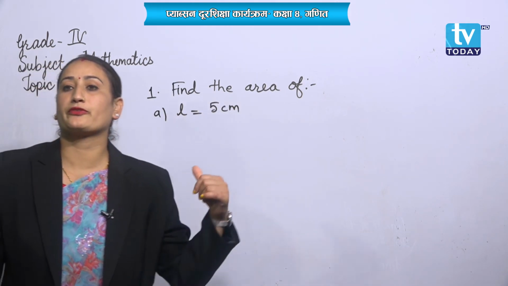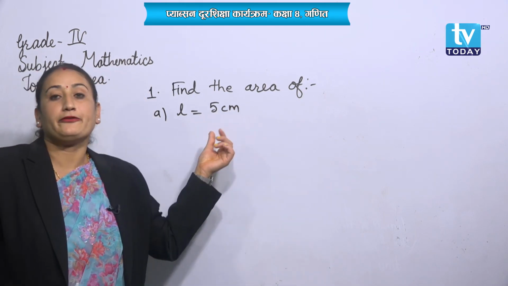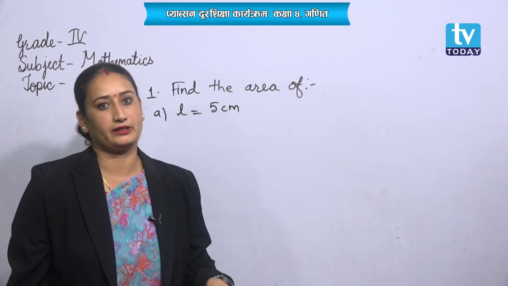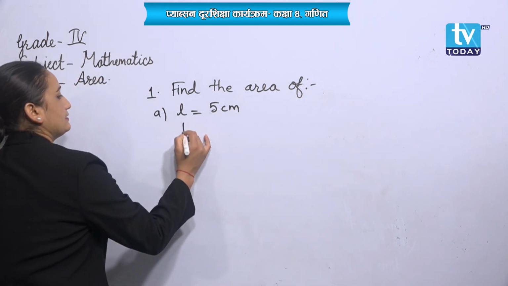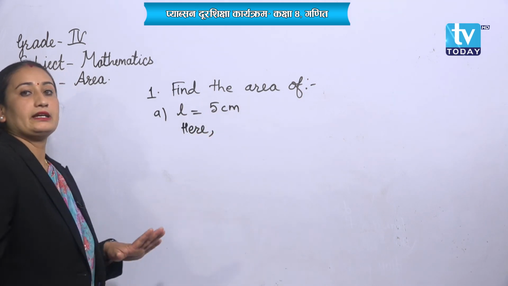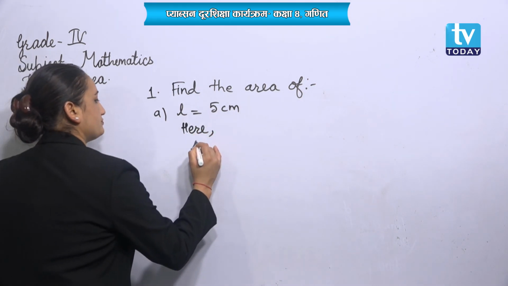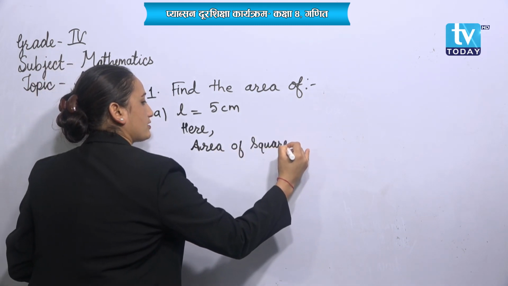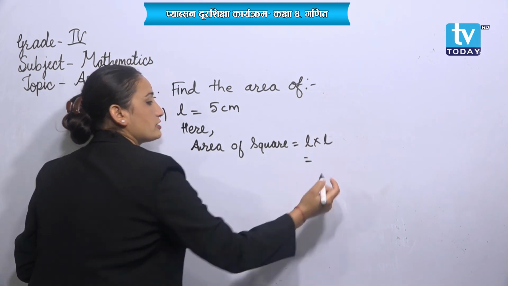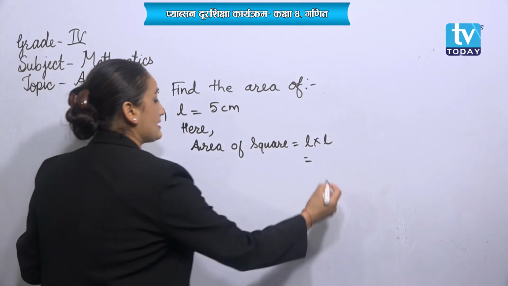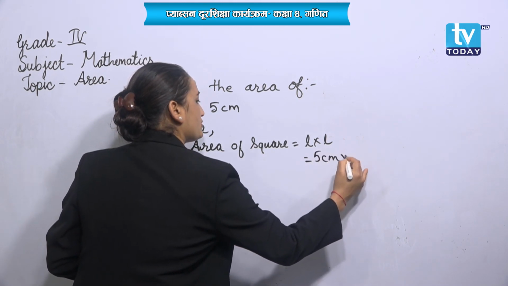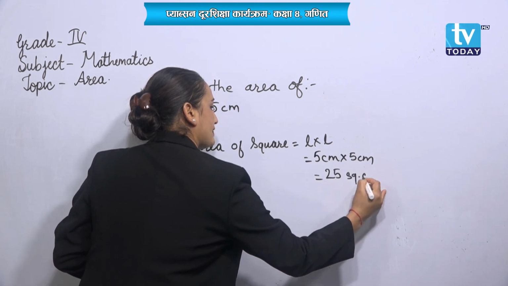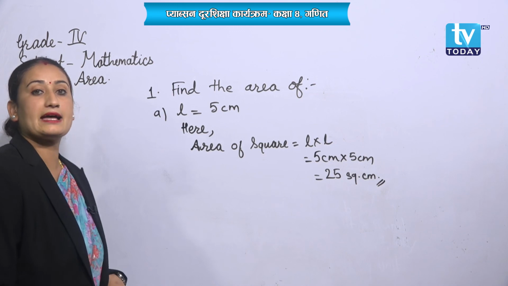Okay, student, you must know that if a single side is given, L equals 5 cm, then you can write the area of square equals L into L. You can use your formula and find the answer. L into L means 5 cm into 5 cm. It's 25 square centimeter. This will be your answer.